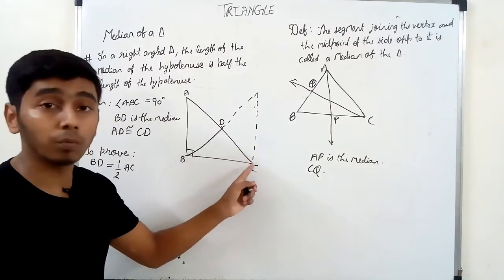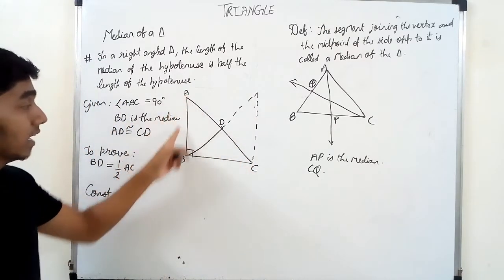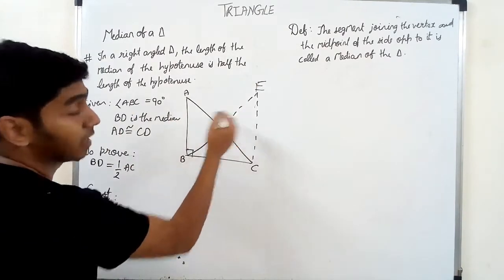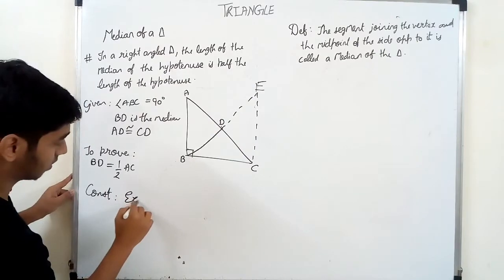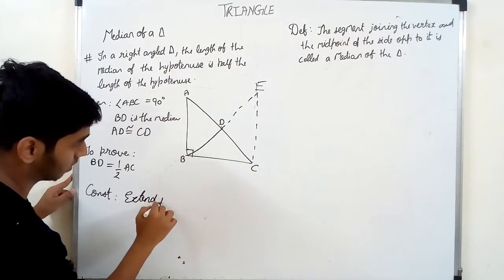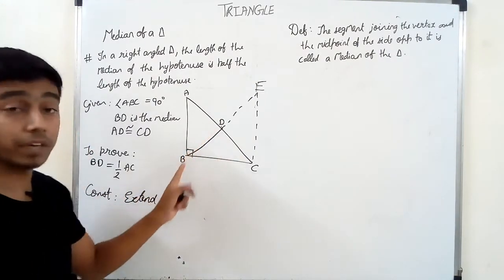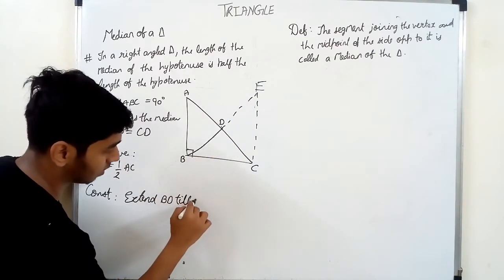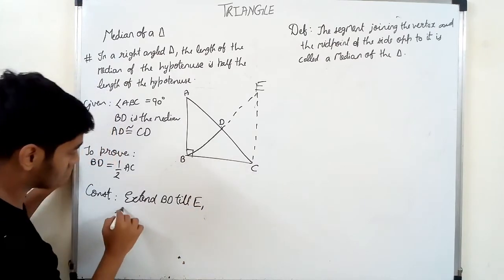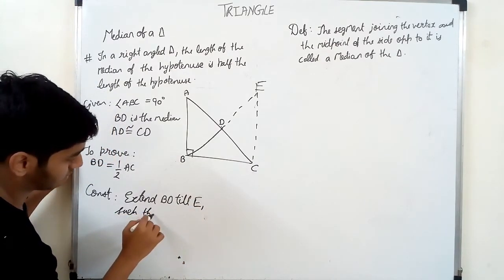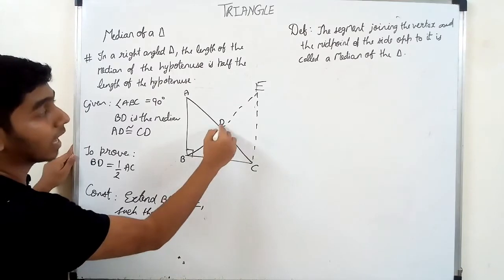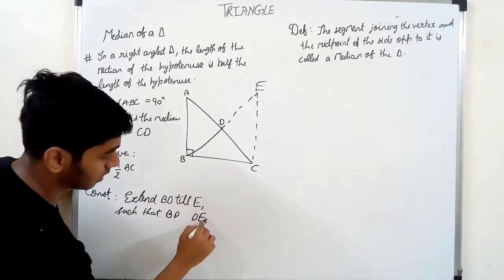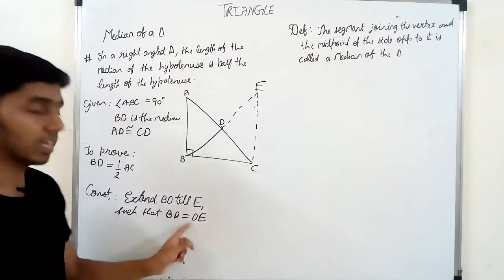We draw a construction such that, let's name this as E, we have extended BD, so we have extended the median till E such that BD and DE they both are same.